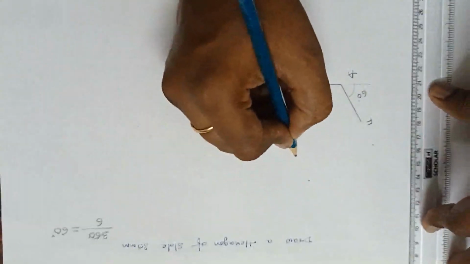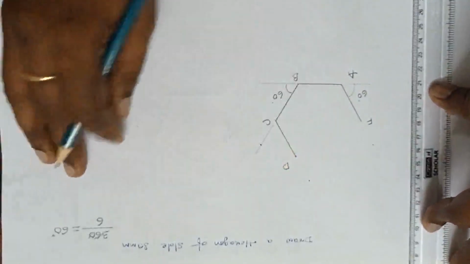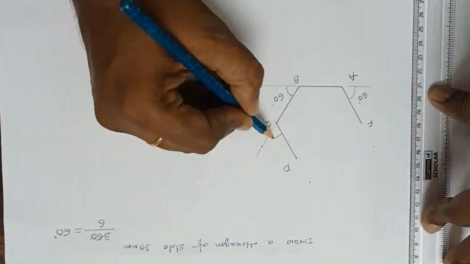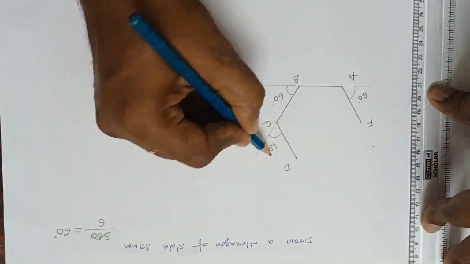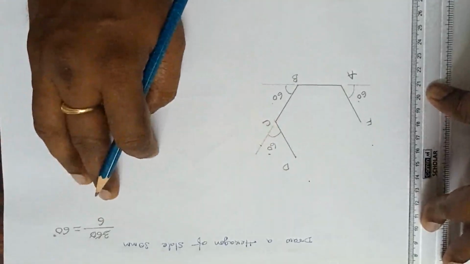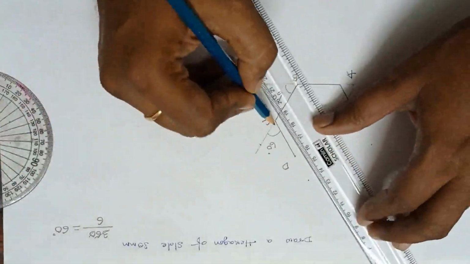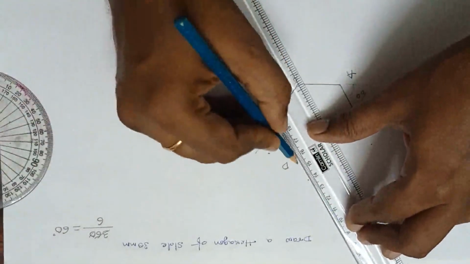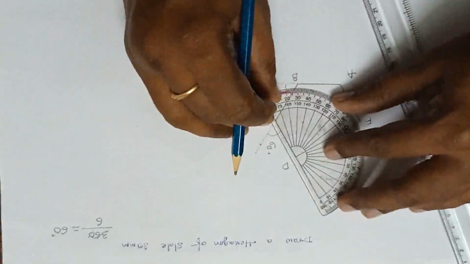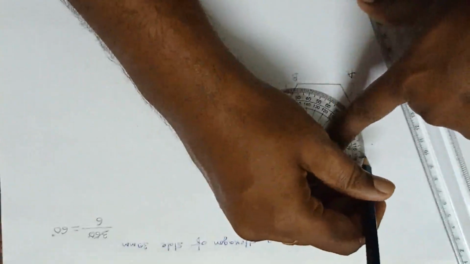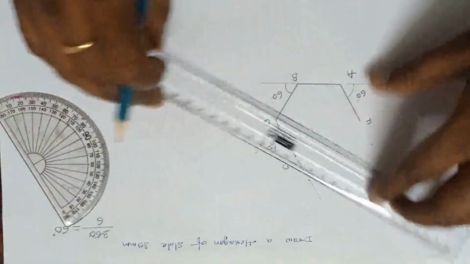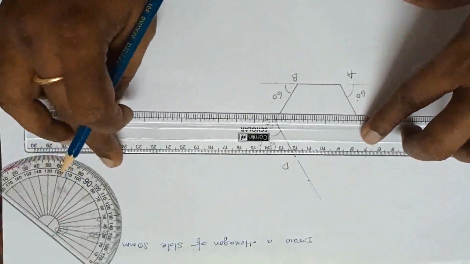Done. Now I'll call it point D. Now this angle, how much? Exterior angle 60 degrees. Again what can we do? We can do 60 degrees again. Extend CD. So for each and every line I have to take 60 degrees. This is again 60 degrees. You will get a horizontal line. Yes.